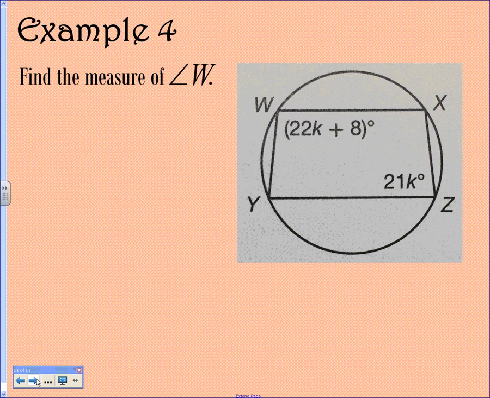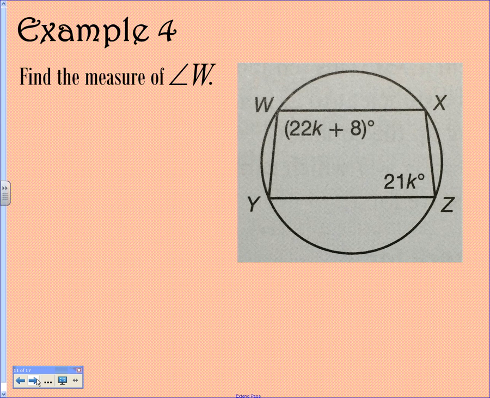Okay. So find the measure of angle W. No, I don't think so.